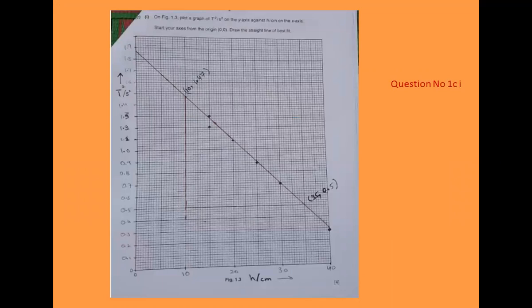Here you can see, hopefully this is clear, h is on the x-axis. I've taken 10, 20, 30, and 40. On the y-axis I have taken 0.1, 0.2, 0.3 and so on up to 1.9.